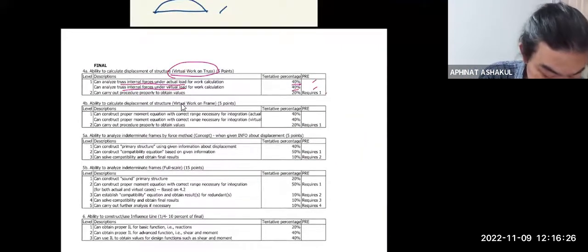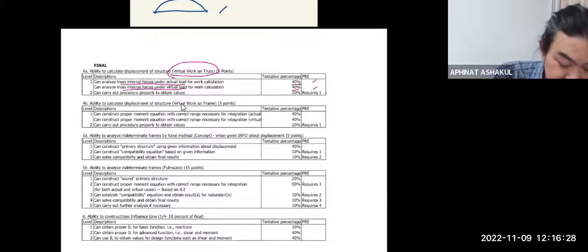Here you see that indeterminate frame, that's part of our exam.